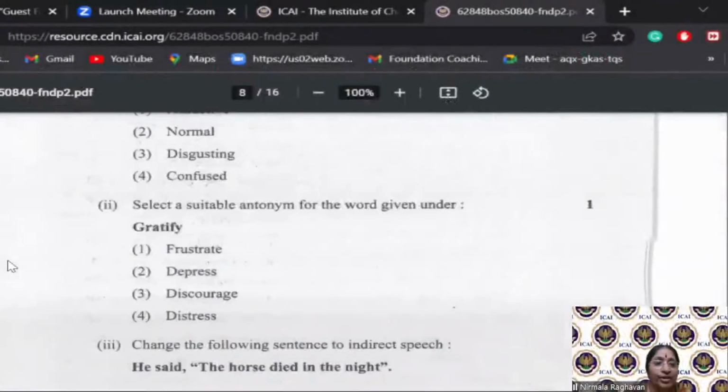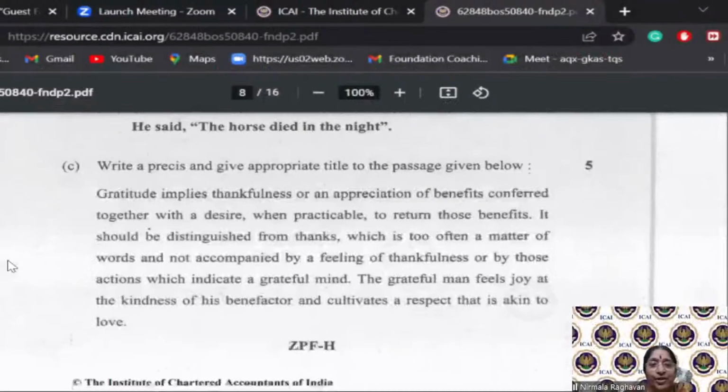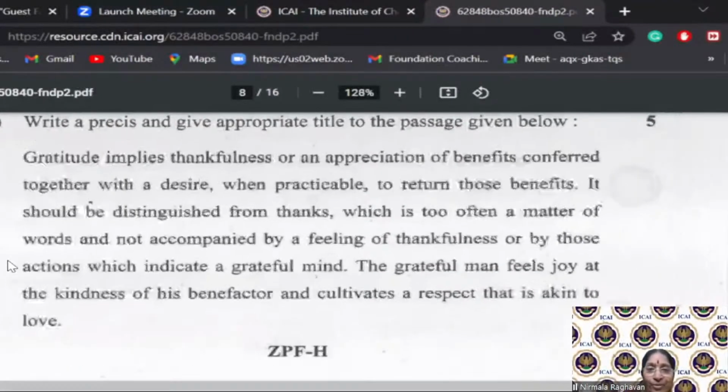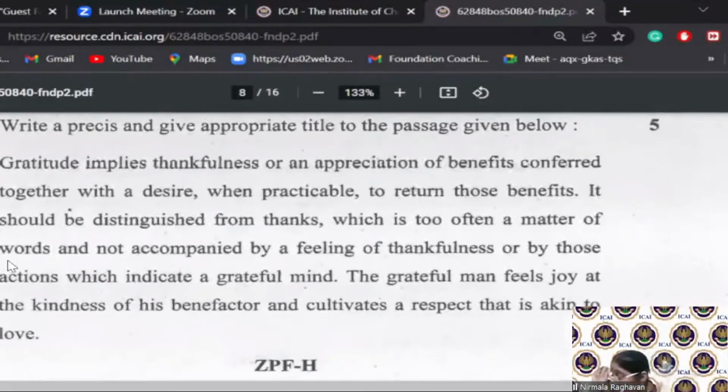So 8 has the Prezi writing. Okay, it's not in the 7. And some question papers have a choice, some question papers don't have a choice. So you better be prepared. This is not a difficult thing. And there is nothing that you need to memorize, right? Just that you will remember the steps and you will remember the format. That's enough. Now look at this.